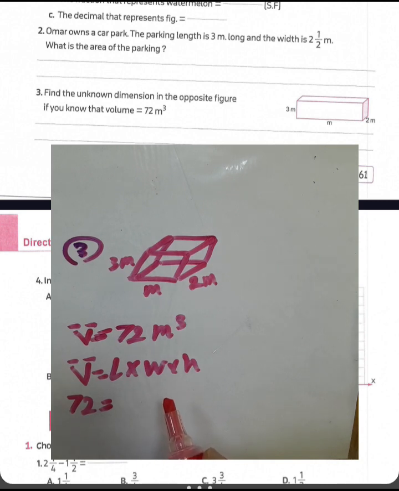You want to find the unknown dimension of the cuboid.